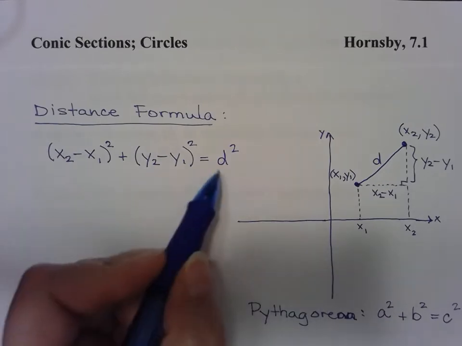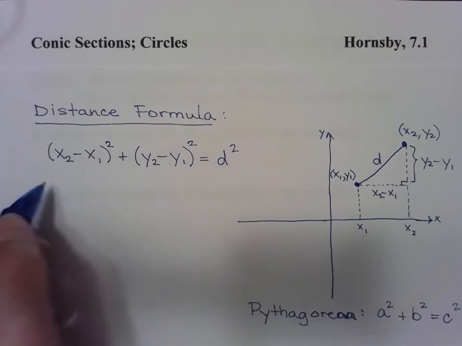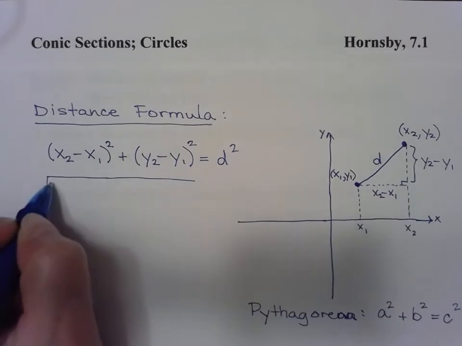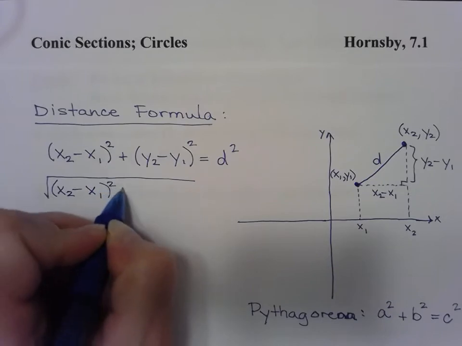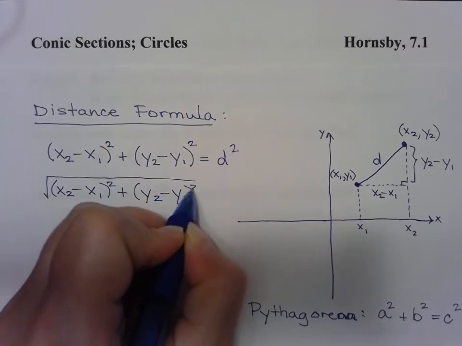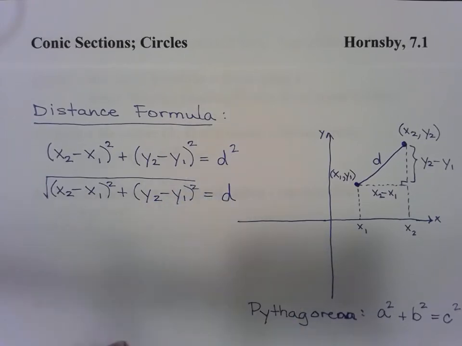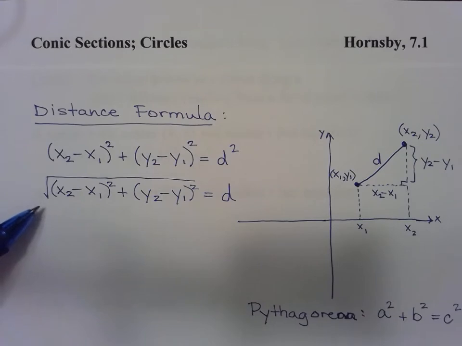Okay, but I don't want to have d squared, I'd rather have the distance, so I'm going to take the square root of both sides. So I'll have the square root of x2 minus x1 squared plus y2 minus y1 squared. If I take the square root of d squared, I just get d. Okay, so this distance from one point to the other is calculated by a formula that looks like this.